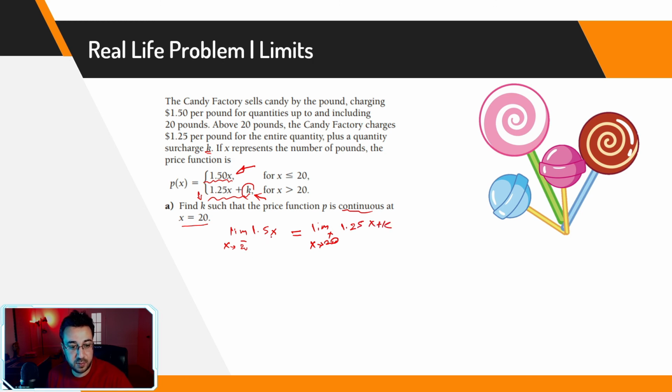Now plugging in 20 instead of x here and here, that gives you 1.5 multiplied by 20 equals 30, equals 20 multiplied by 1.25, that gives you 25 plus k. We are interested in finding k. In this case, k equals 30 minus 25, and that gives you 5. So the factor you're looking for in this case is 5.